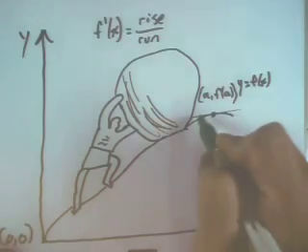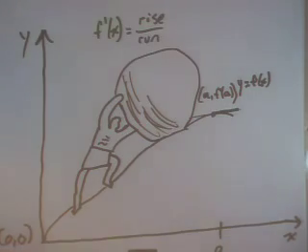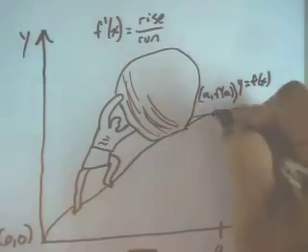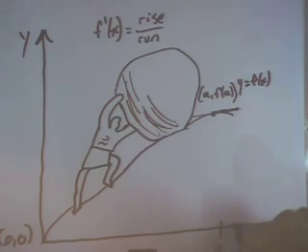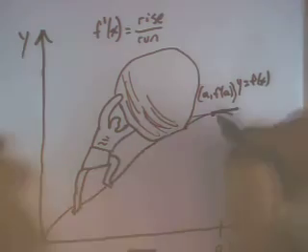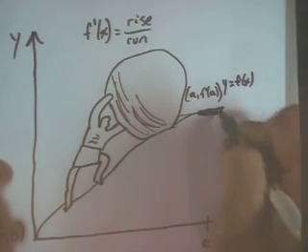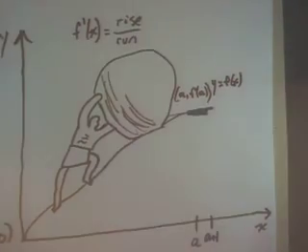So to go 1 unit in the horizontal direction, let's say this is a plus 1 here, in order to go over 1 unit in the horizontal direction, he only has to rise this tiny little bit right there.